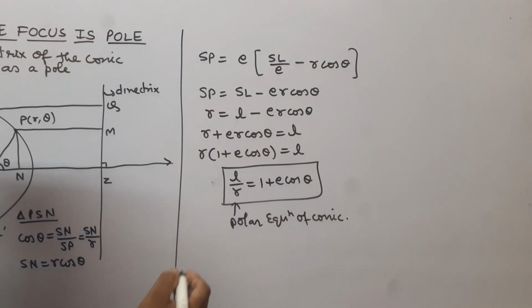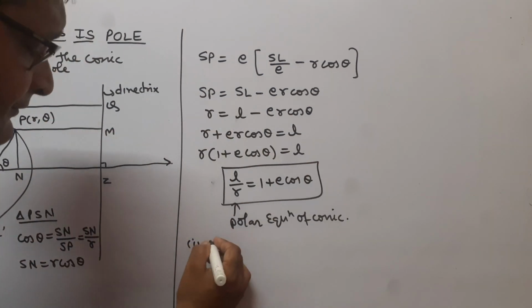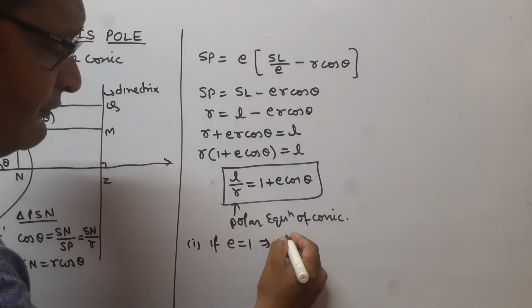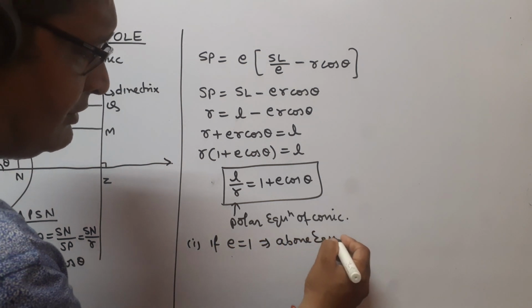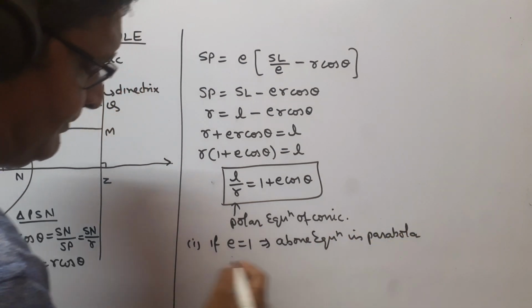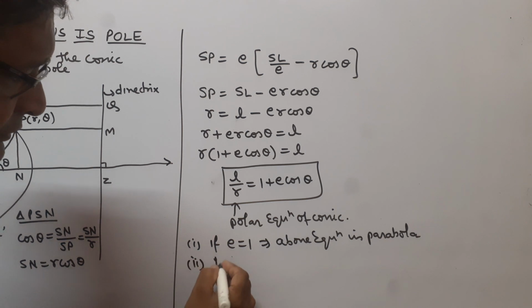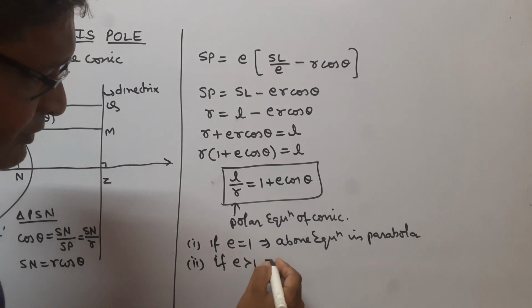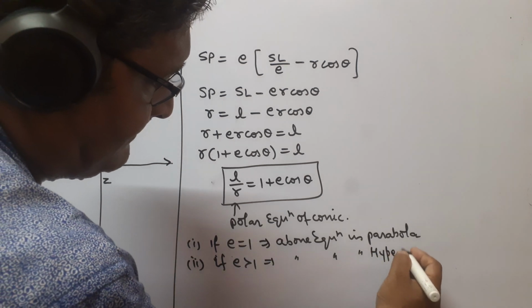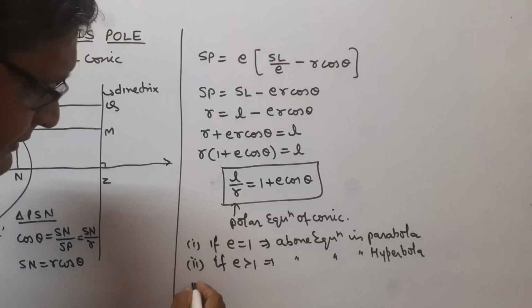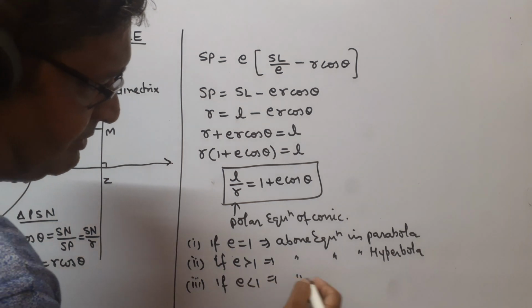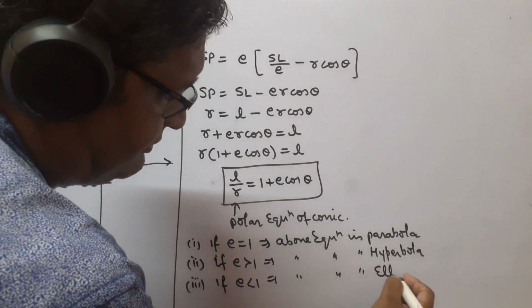This equation represents a parabola if e is equal to 1, a hyperbola if e is greater than 1, and an ellipse if e is less than 1.